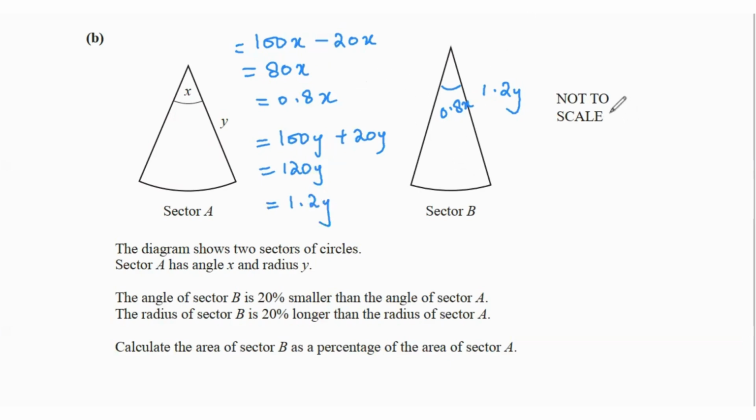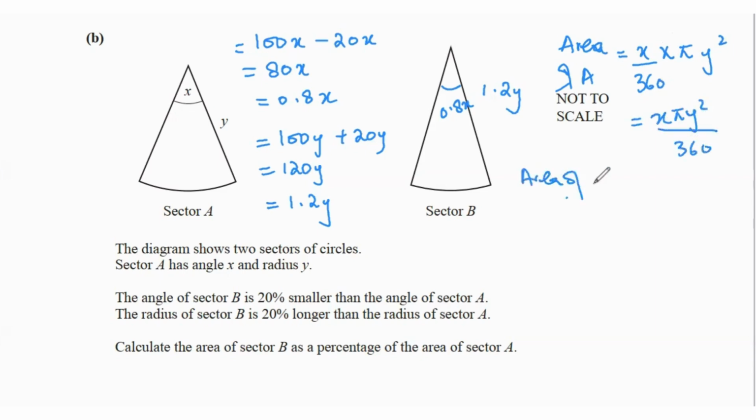So now using this, they're saying calculate the area of sector B as a percentage of the area of sector A. So let's find the areas. Area of A is x over 360 times pi y squared, which is x pi y squared over 360.